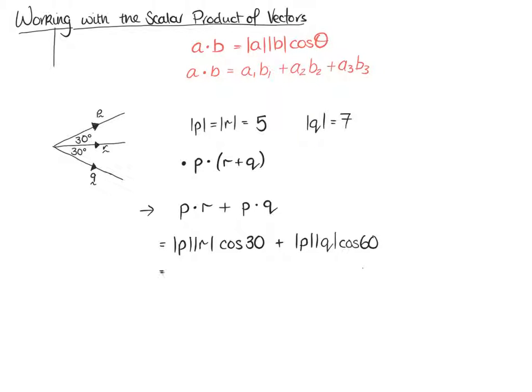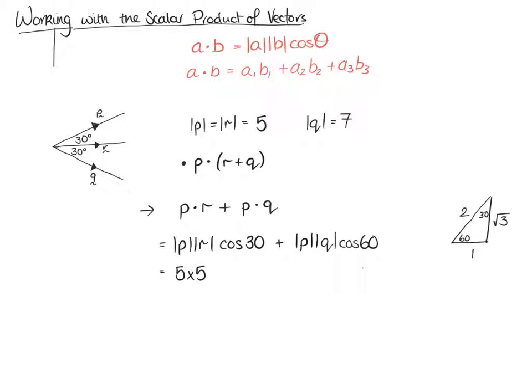Substituting in our values, P is 5, R is 5, and for the cos of 30 I will quickly create our triangle over here. You don't have to keep it in your head, you can write it out: 1, 2, root 3. This is our 60, that's our 30.